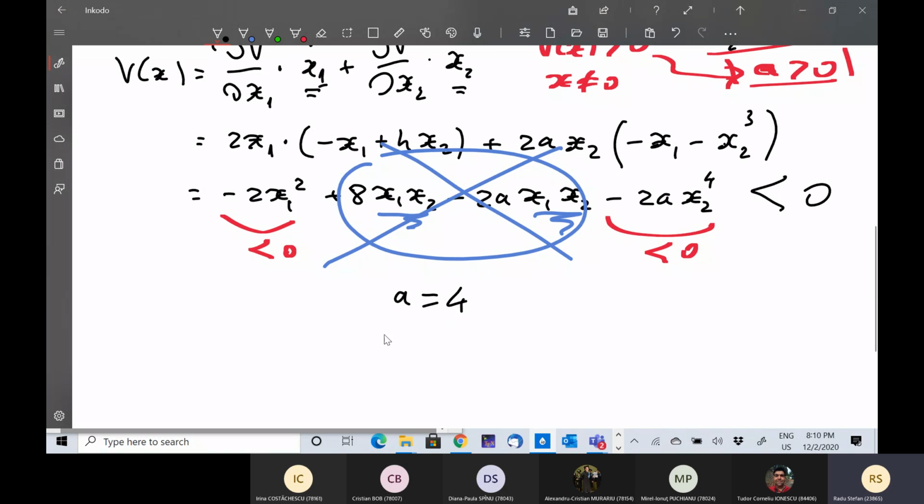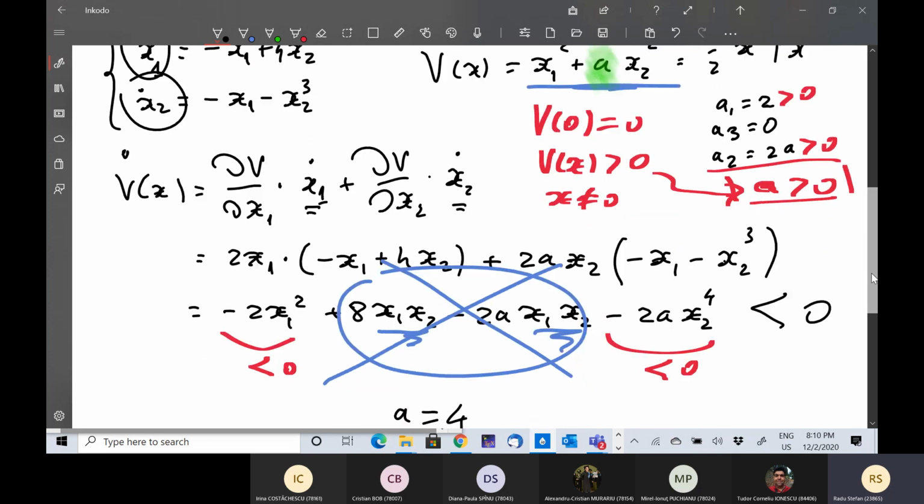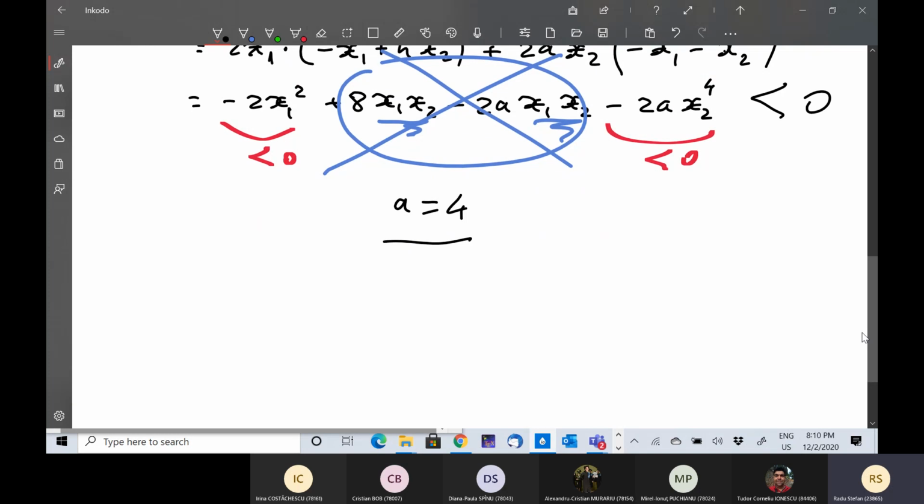We take a equals 4 and we are done. The derivative is negative definite. We have taken a equals 4. V is a consistent Lyapunov function candidate. And clearly, this inequality is now fulfilled. So for a equals 4, we apply the Lyapunov stability theorem, and we are done.